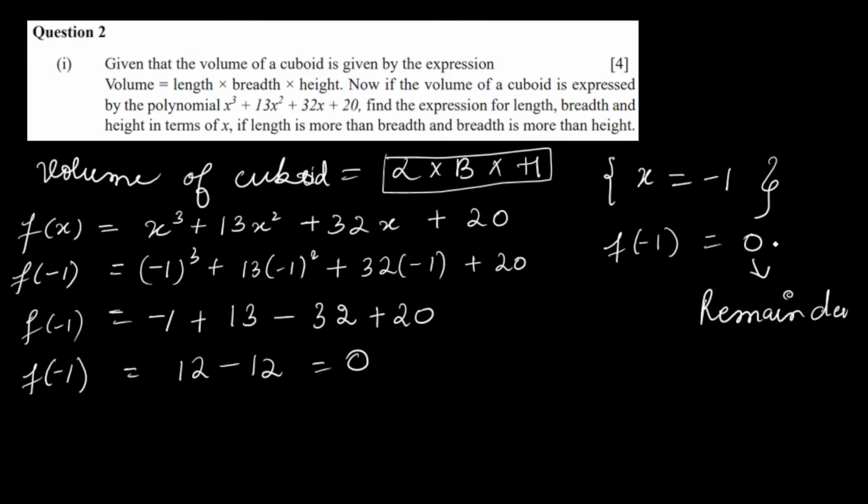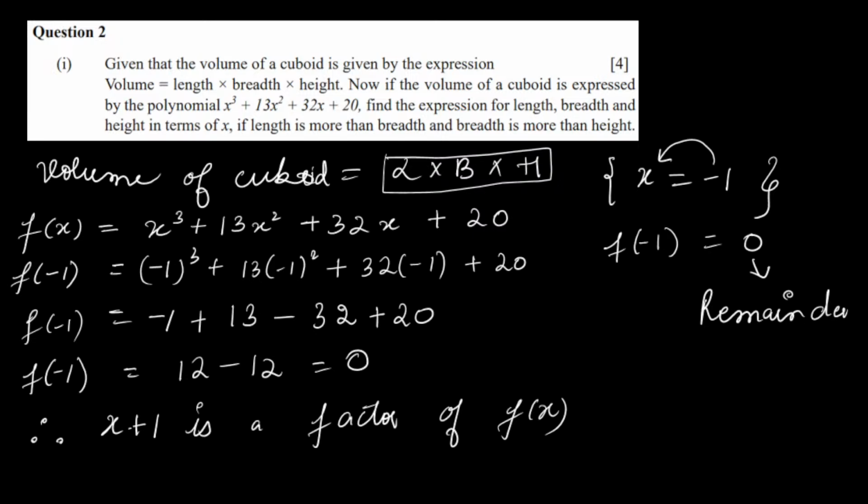So here the remainder is equal to 0. Yes, so the factor is x plus 1. If x is equal to minus 1, when you shift minus 1 to this side, it will become x plus 1. Therefore, x plus 1 is a factor of f(x), the polynomial.